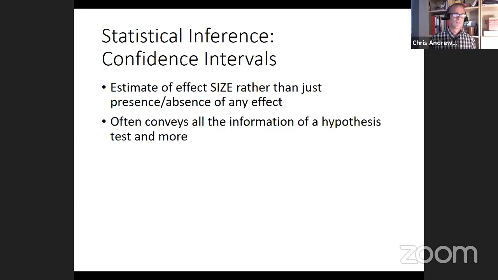Rather than just saying, we know the difference is not 0. That's kind of what the p-value is going to tell us. The confidence interval will give us an estimate of, well, how big is that average, or how big is that effect? And many journals now require confidence intervals for important effects that are being analyzed. And I think that's a step in the right direction.